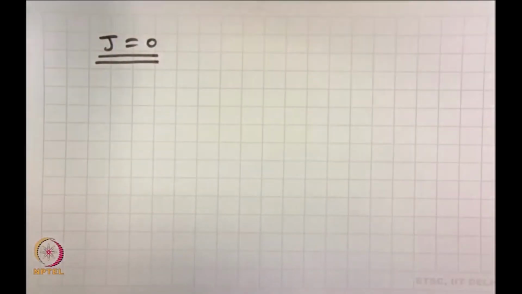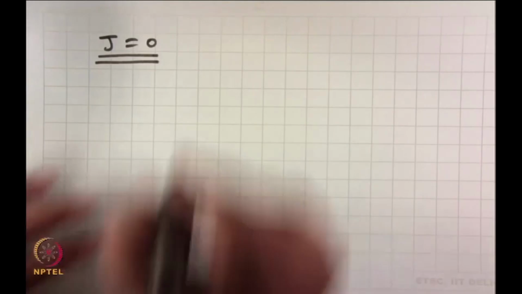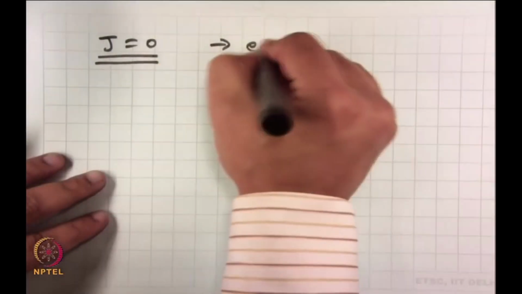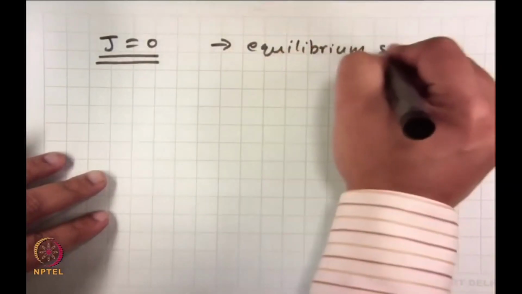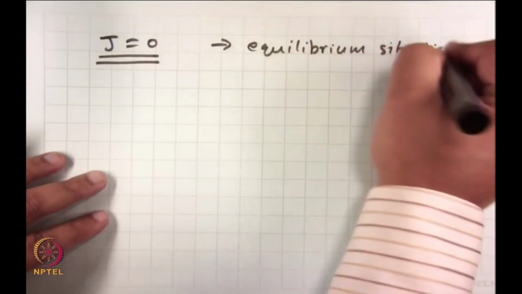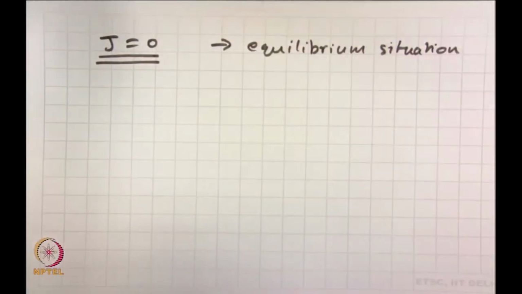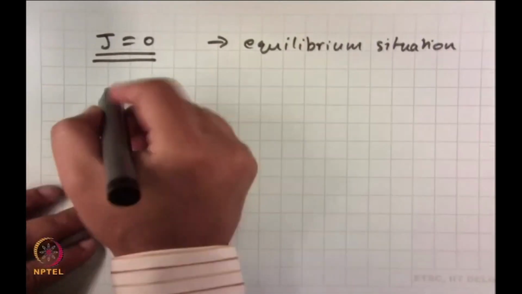J is equal to 0 means we are looking at an equilibrium situation. What do you mean by equilibrium? If J is equal to 0, that means there is no net flux, everything is equilibrated. And how do we rationalize that? You just think about this.